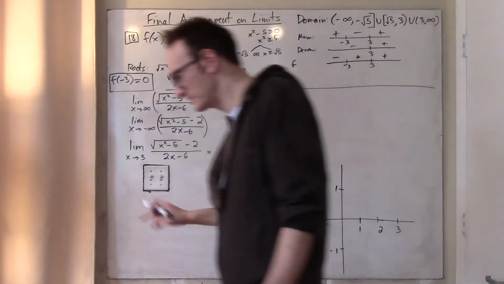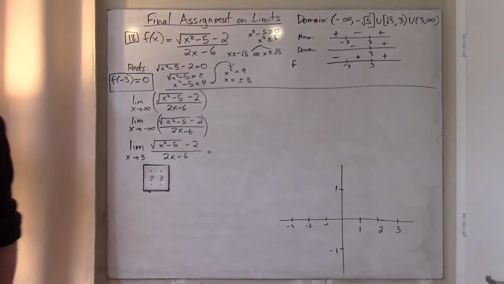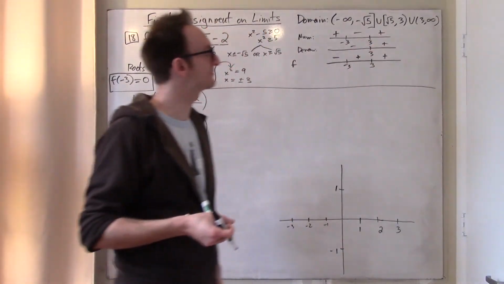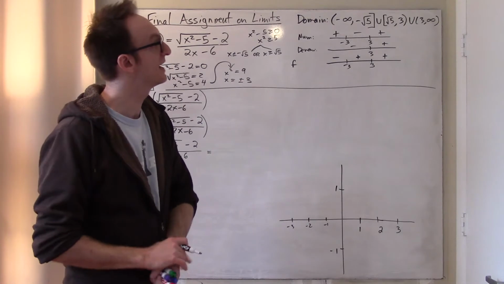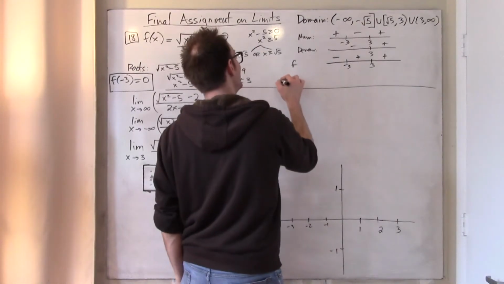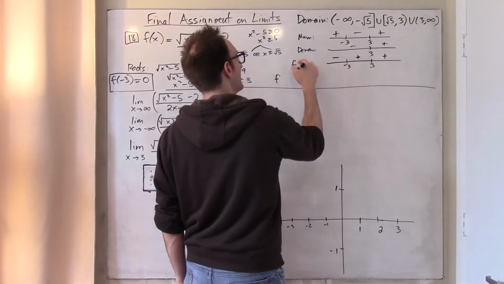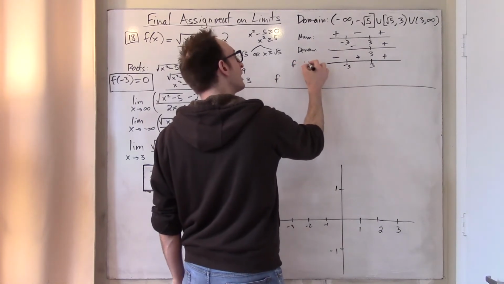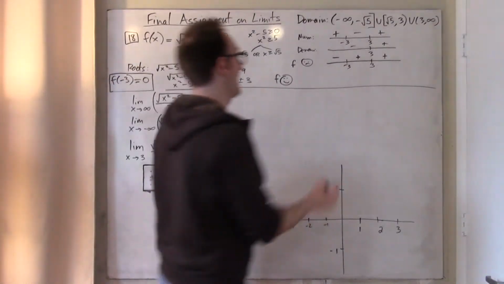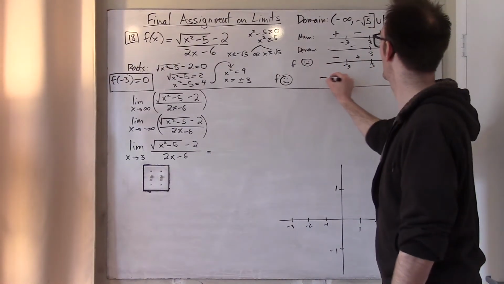Okay, that's not terribly wrong, but it's kind of wrong because, of course, the domain of this function means that this function actually just doesn't exist in between negative root 5 and root 5. So this is like the real answer to the sign chart for f, and it goes like this.